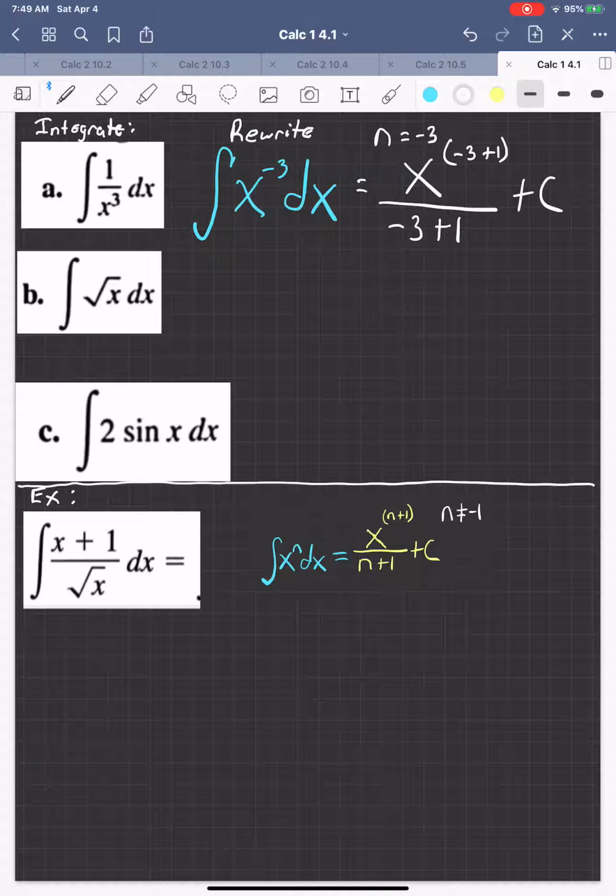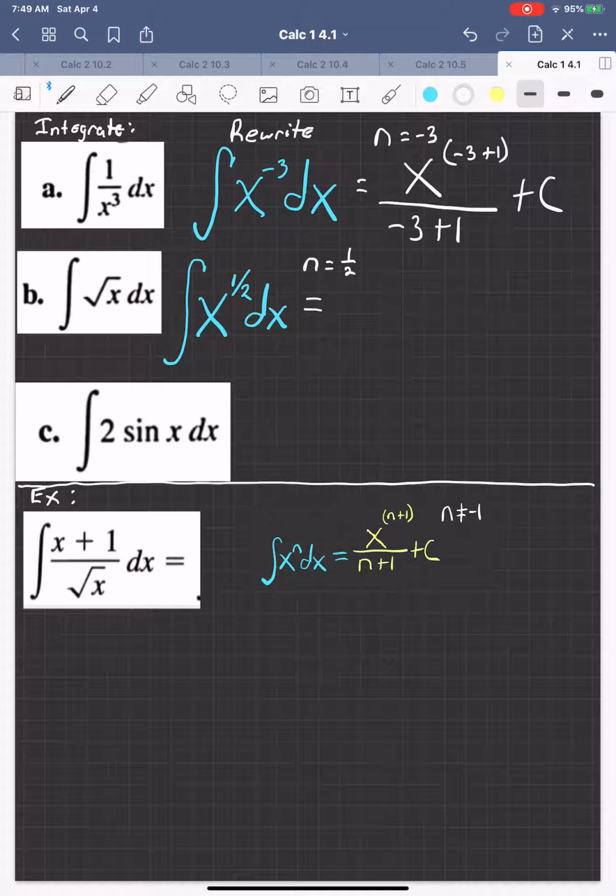So let me continue with the rewrite phase. Again, you can think about the square root of x as x to the power of 1/2. And now, assuming that a student noticed that, they can just start to apply their power rule, where now n is equal to 1/2.